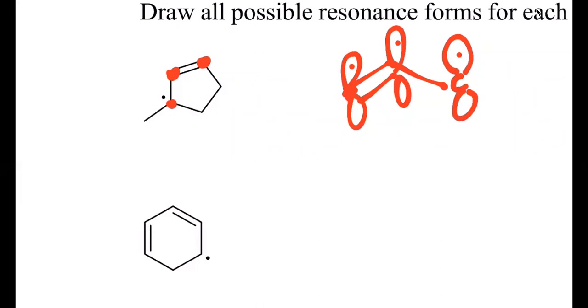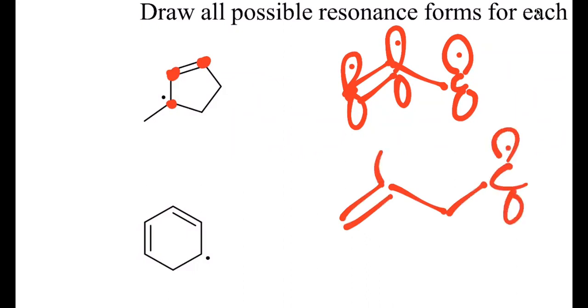If that radical was one carbon away like that, they couldn't talk, because the orbitals can't overlap. But those orbitals are able to overlap, that means they can share electrons. It's not a lone pair though, it's a radical. A lone pair will be an actual pair, two electrons.